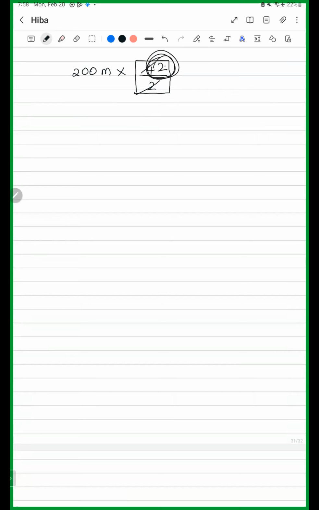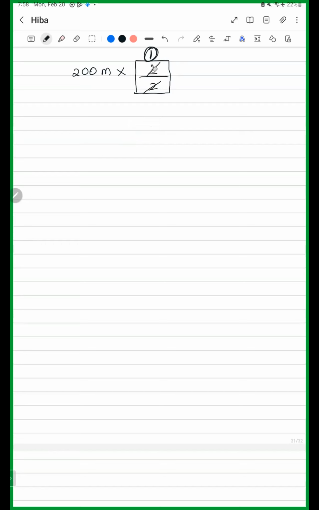This fraction 4/2 is equal to 2. So you cannot multiply it with something like that. You have to multiply it with something that gives you 1. For example, if you multiplied it by 2/2, then 2 and 2 get cancelled. So this fraction's value should be 1. What does that mean? That the numerator should be equal to the denominator. 2 and 2 are equal.